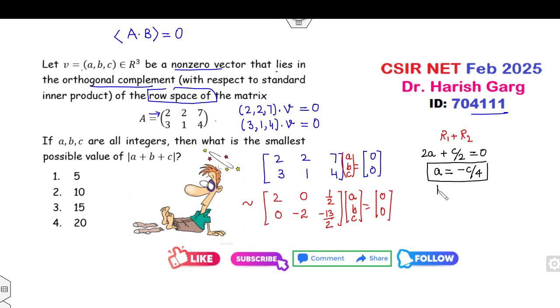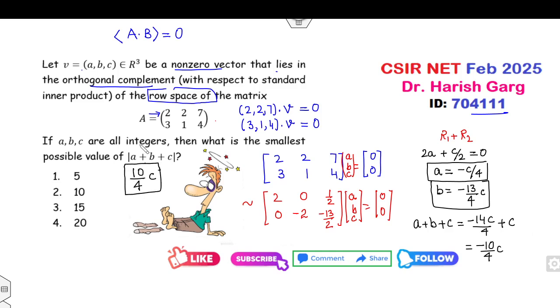From this equation, b will be minus 13 over 2 times c. Then your target is to find a plus b plus c. Sorry, 13 by 4 is twice of b. So if you add them plus c, it will be minus 10 over 4 into c. So your absolute value will be 10 over 4 into c.